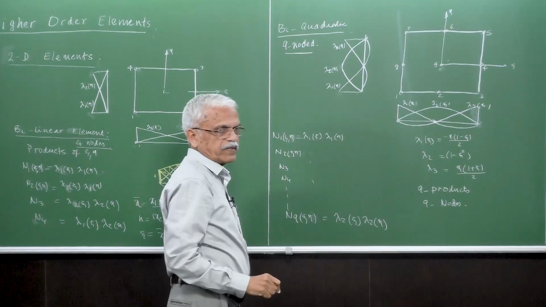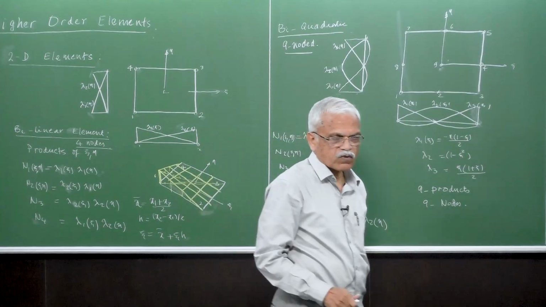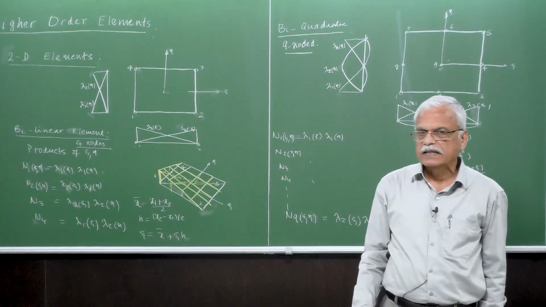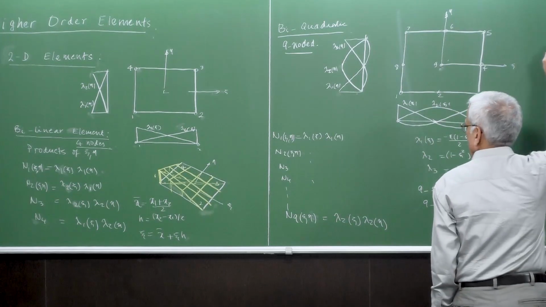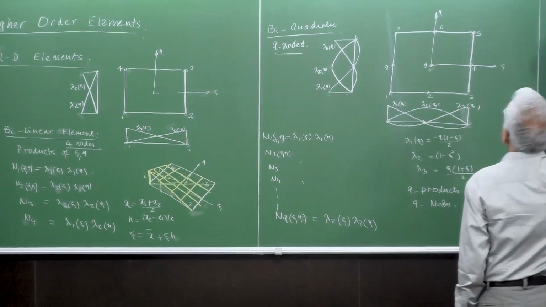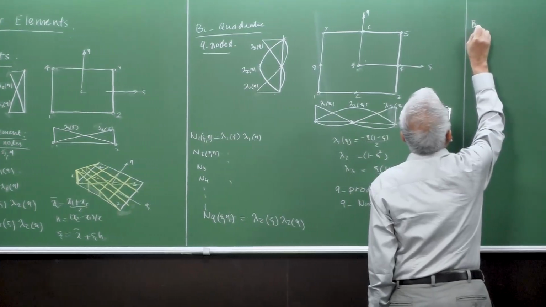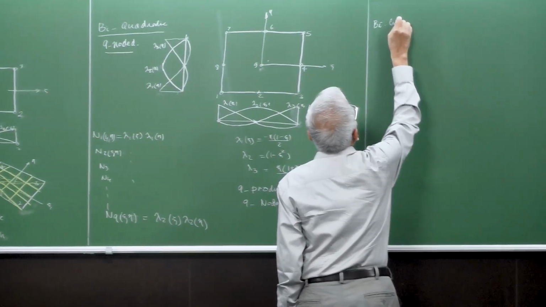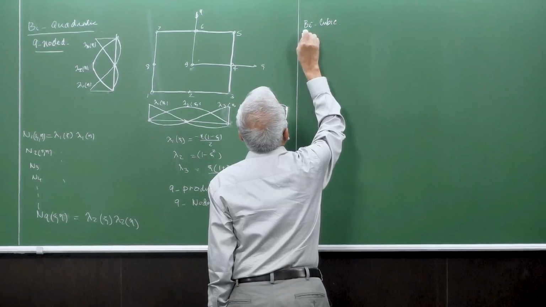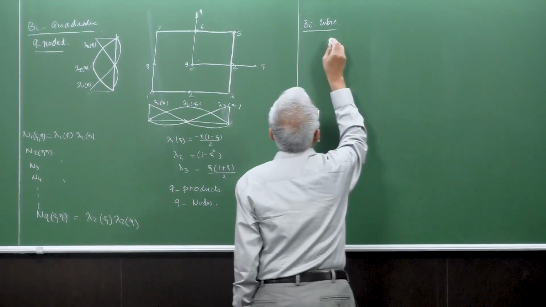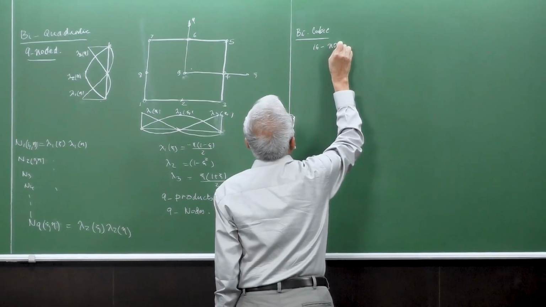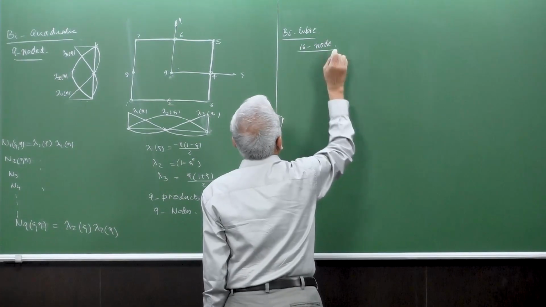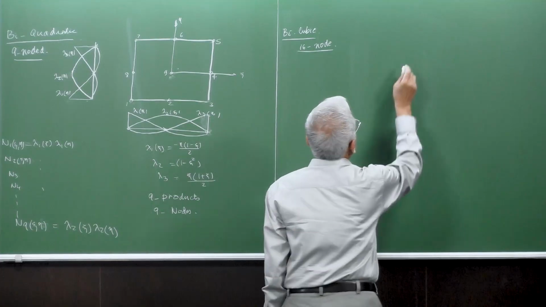So the next one will be a cubic, meaning 4 on each side, 4 into 4, 16. So okay, let me just show it. So bicubic, which means that it is 16 node cubic element.